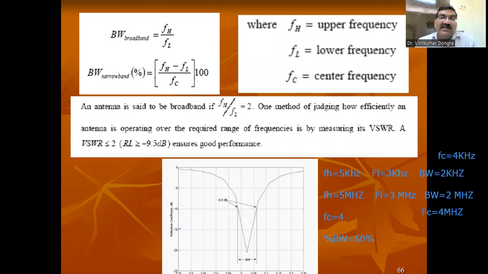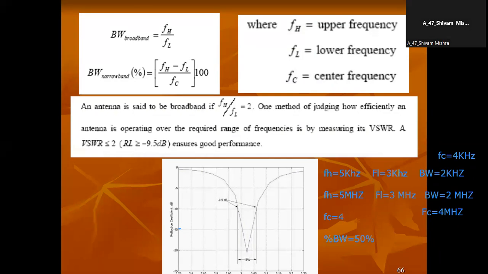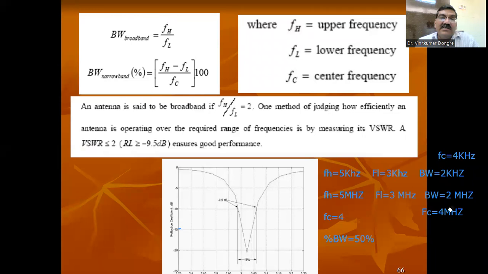The appropriate unit will be there, kilohertz and megahertz. Anything else? No, sir. Okay, thank you. So this is our concept for the bandwidth. It is a simple concept, but if you understand it this way, then you will get more interest in understanding. Okay.